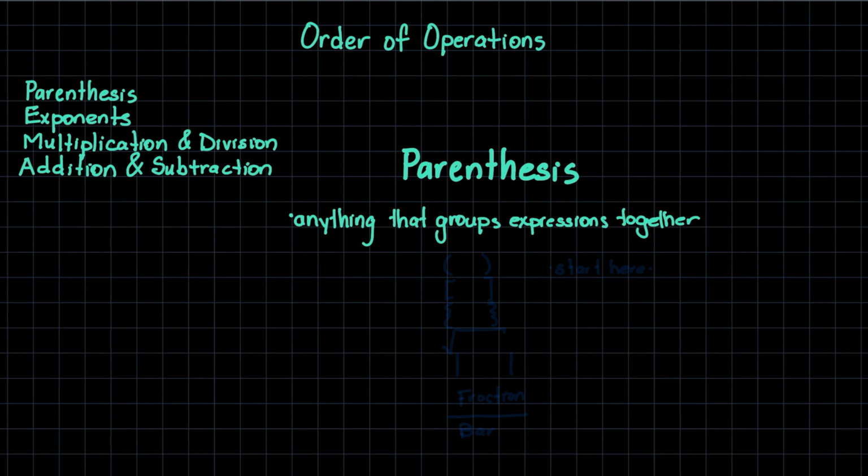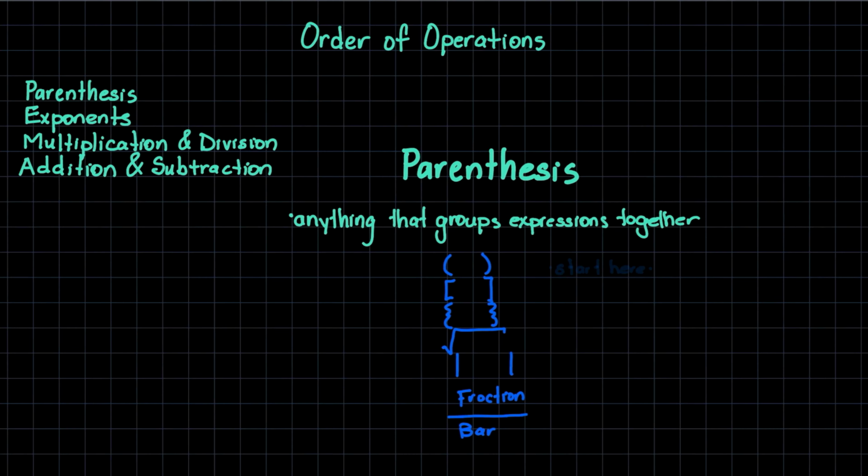So parentheses group things, but brackets also group things. Braces group things. Radicals group things. Absolute value bars group things, and fraction bars. And I'm just going to write it like this so you know that that line is saying fraction bar.